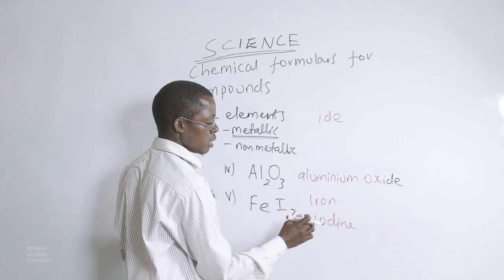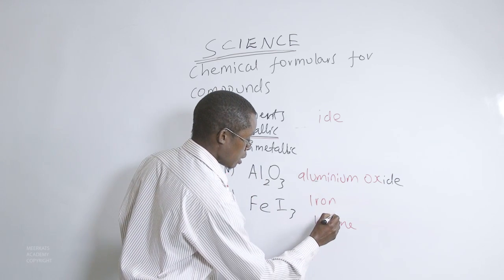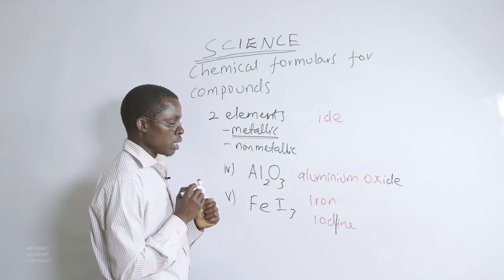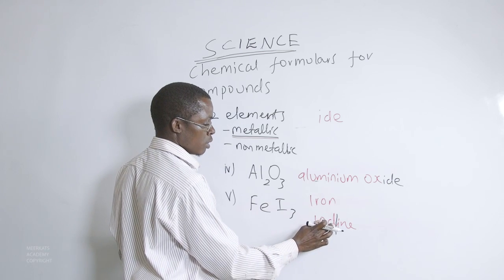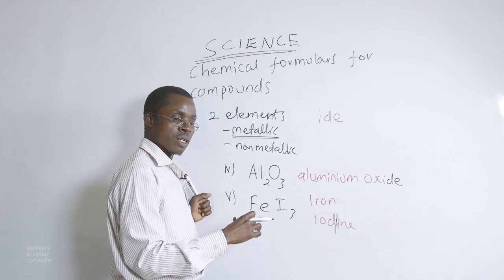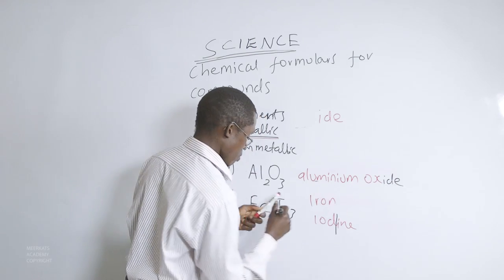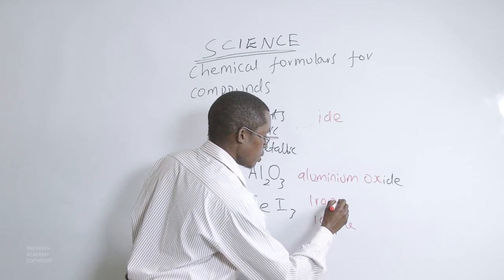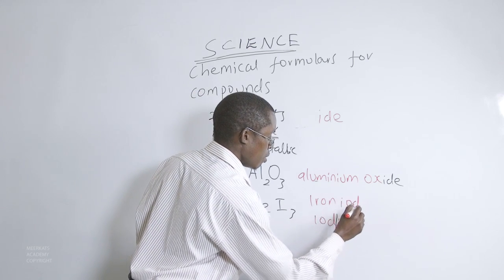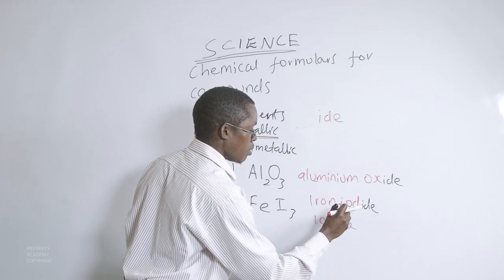Then we add in that. No. The best point we can take it is at this point. So that iod will sound like iodine. Then as we add in the IDE, we get iodide.